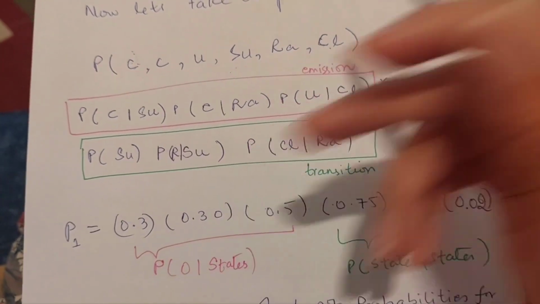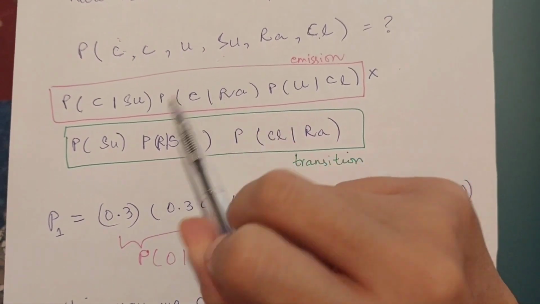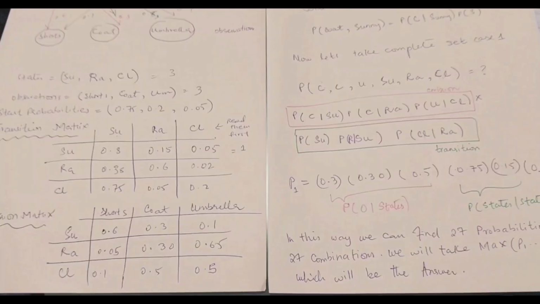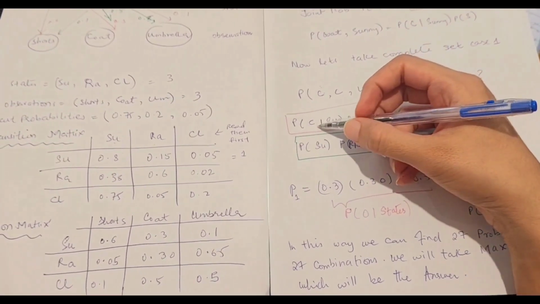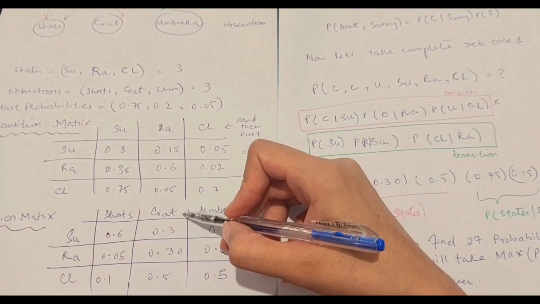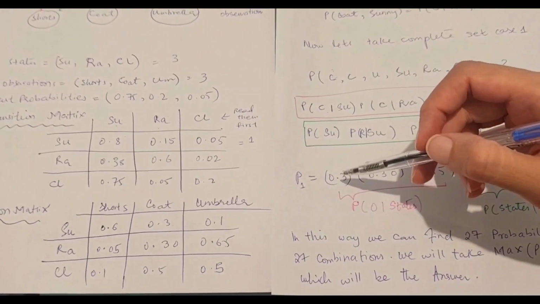We will now see that the first 3 terms will come from the emission matrix and the last 3 terms will come from the transition matrix. So now let's see the matrices as well. For the first term, probability of wearing a coat such that it is sunny, we take it from here and it comes out to be 0.3. So we write 0.3 over here.